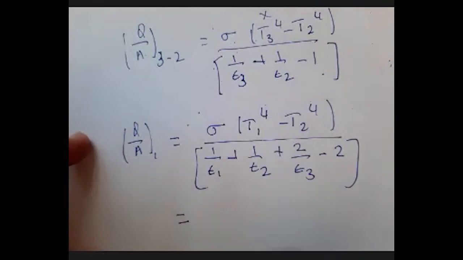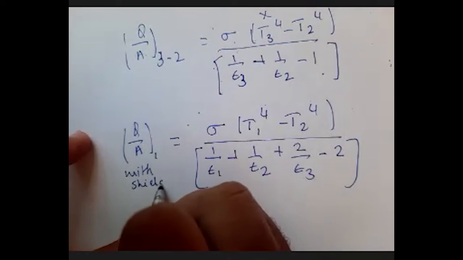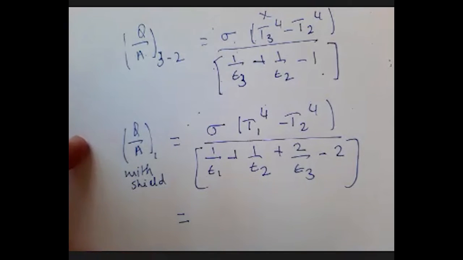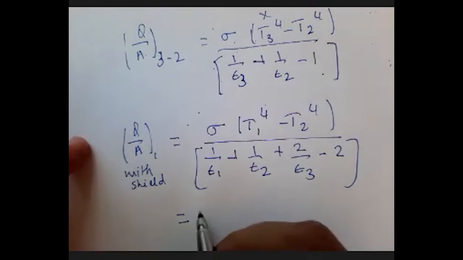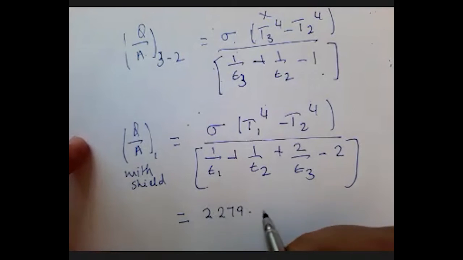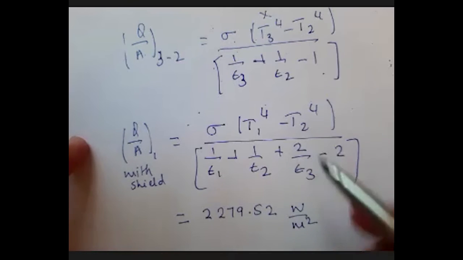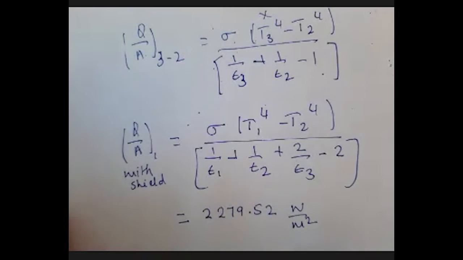This comes around, with the shield, 2,279.52 watt per meter square. After substituting the values, I get this answer.